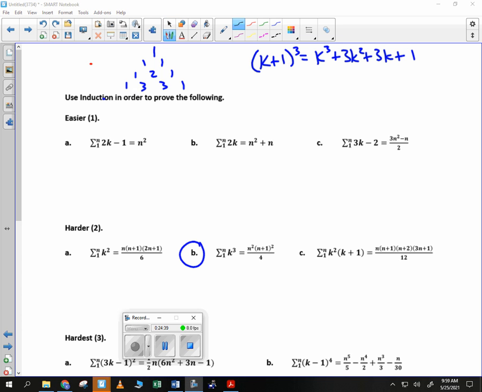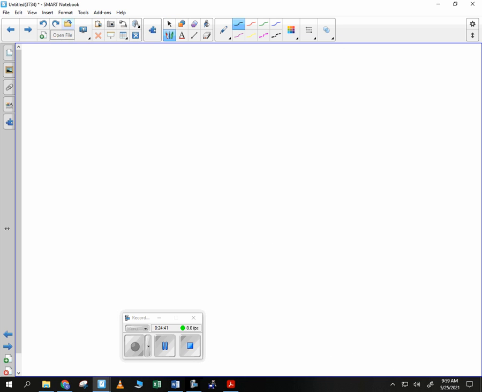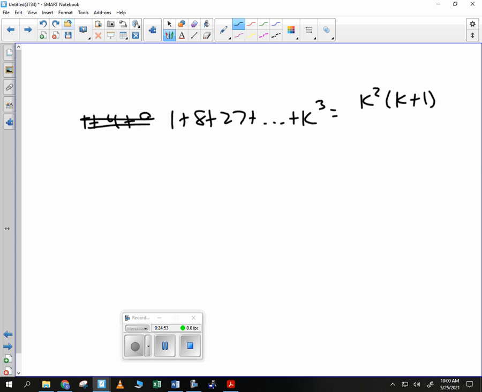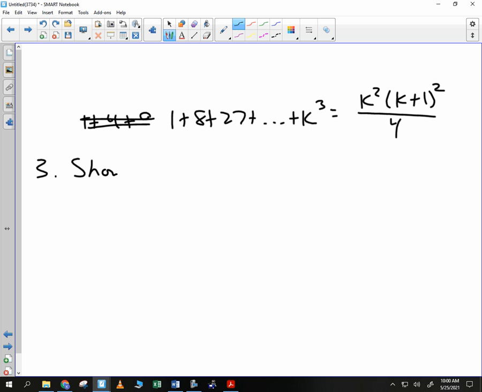Okay, so I'm going to skip ahead here to 1 plus 8 plus 27 plus ... plus k cubed is equal to k squared times k plus 1 quantity squared over 4. Is that correct for your inductive hypothesis? And then your step 3 should be show true.